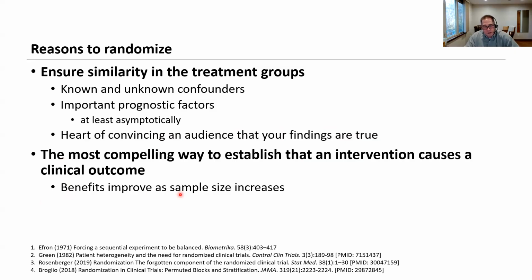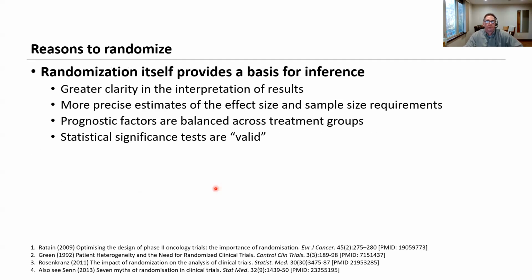There's also some benefit to randomization as the sample size increases. If you only have 10 or 15 patients and you randomize half and half to the different arms, it's less effective than if you have 50 or 60 or 100 patients. Again, randomization all by itself provides the basis for inference.